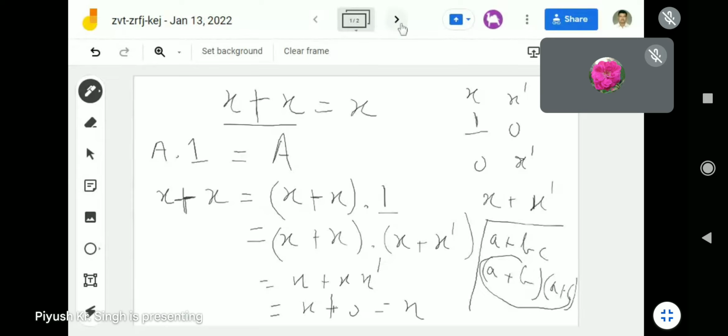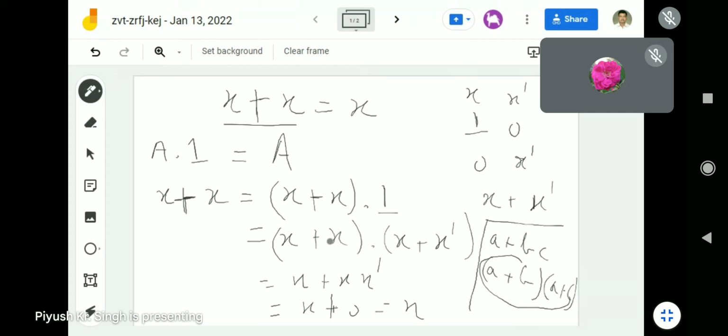Yes sir. Anyone else have any doubt? Sir, but can A and B both be equal? A and B both can be equal, why not? It is not written that A and B should be distinct. Actually, in Boolean algebra the value of A and B will be only two possible values, zero or one.